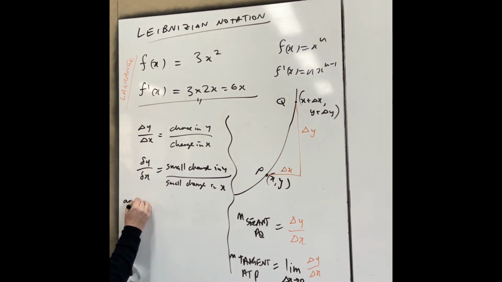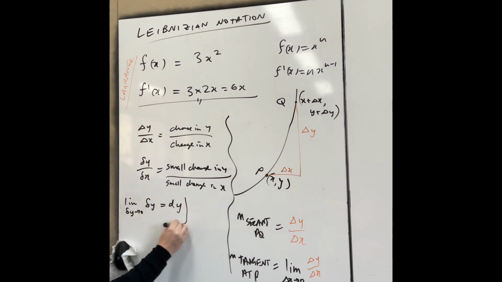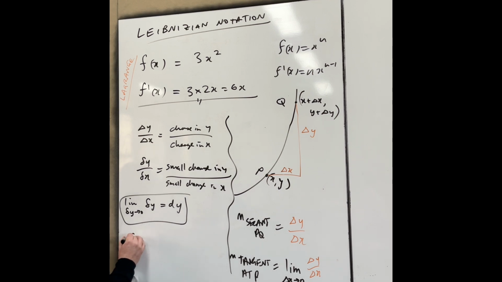As delta y, so let's call it the limit as delta y approaches 0 of delta y is called dy. Now I know that seems like a weird thing to say. But dy over dx is an infinitesimal change in y over a what?